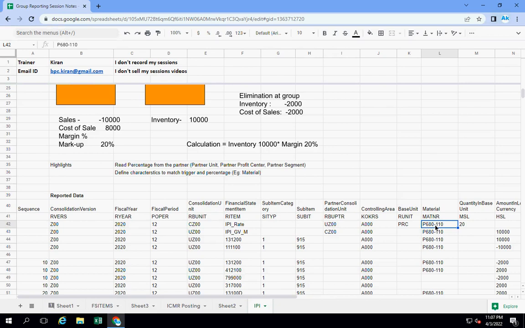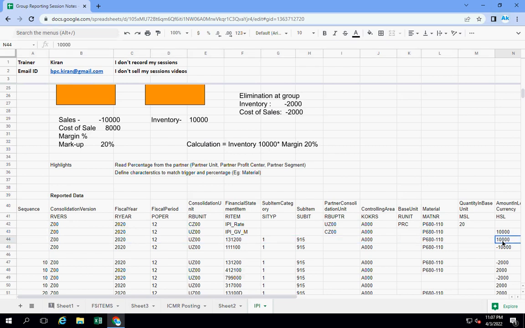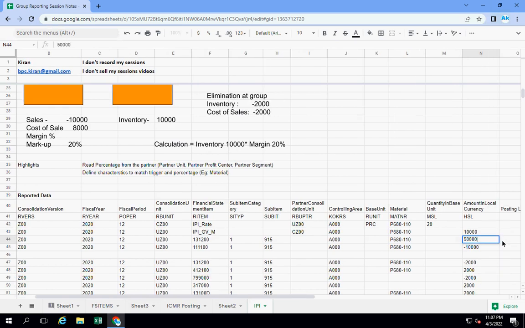Second thing, I have 131200, which is my mercantile account. So this line, yeah, which is my mercantile FS item. Here I showed 10,000. There might be some 40-50,000 in this account. So in this 50,000 is there.